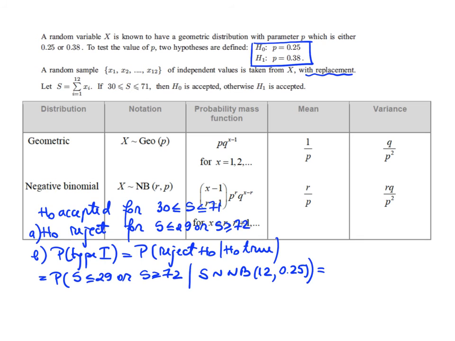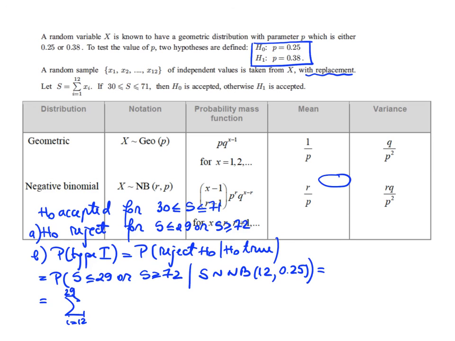And this one needs a bit of rewriting because we don't have a formula for a negative binomial in our GDC. So I'm going to write that as the sum of i starts from 12 to 29.